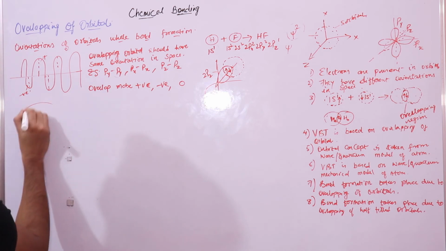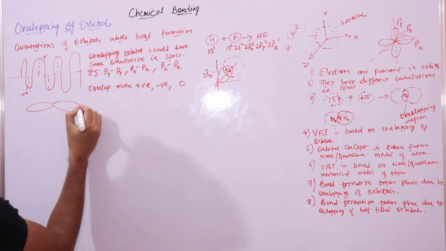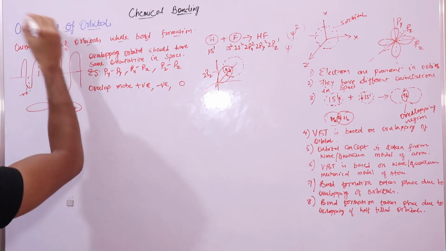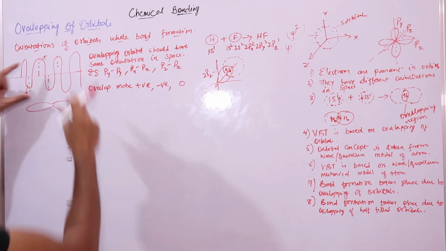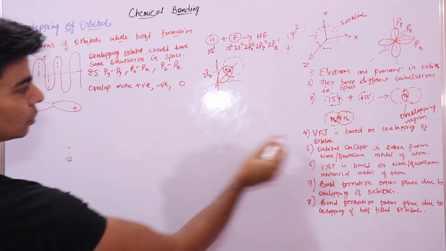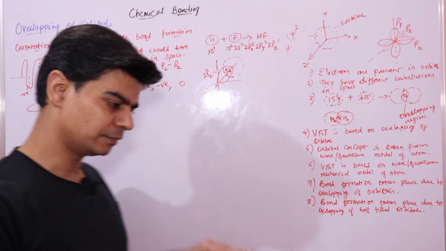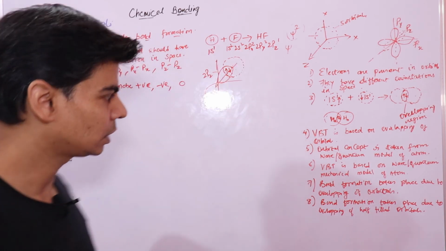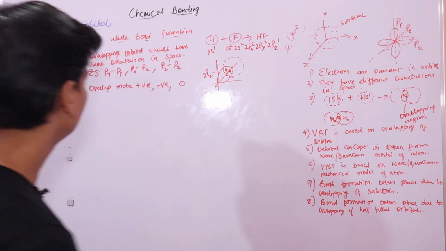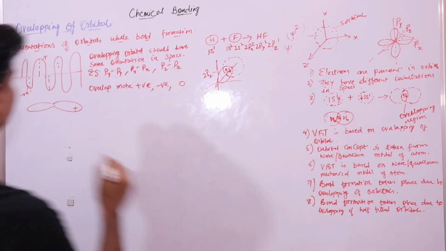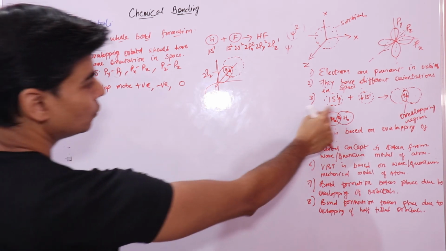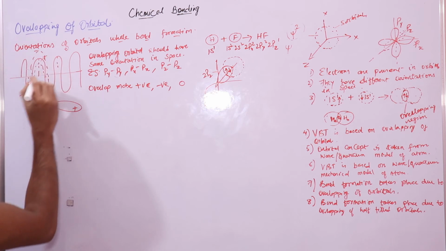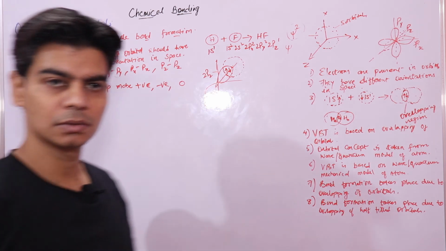Positive overlap is this: the positive side will overlap with this side only. That means when two waves overlap, they form a bigger wave of bigger amplitude. This is what it actually means, because we said that these are nothing but electron waves of this type. So when these two waves overlap, somewhat like this, they will form a bigger wave of bigger amplitude.